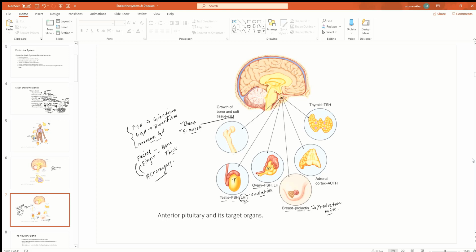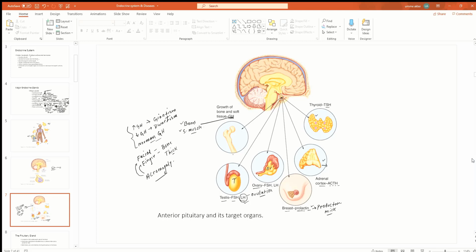Then another hormone goes to the adrenal gland and works on the adrenal cortex. You remember, the outer part of the adrenal gland is called the cortex. So that is called adrenocorticotropic hormone, ACTH. It tells the adrenal gland to release hormones. And then thyroid stimulating hormone, TSH, stimulates the thyroid gland.